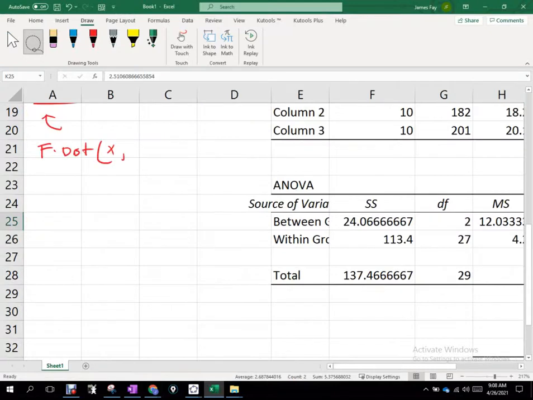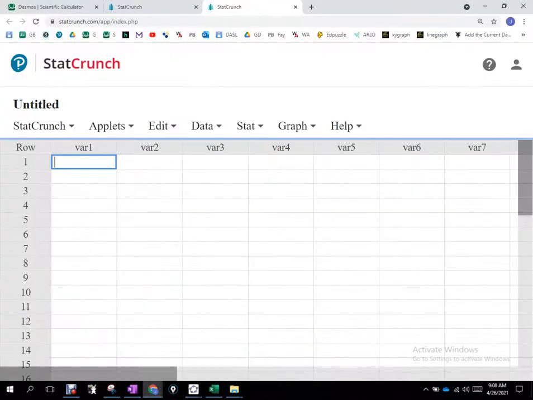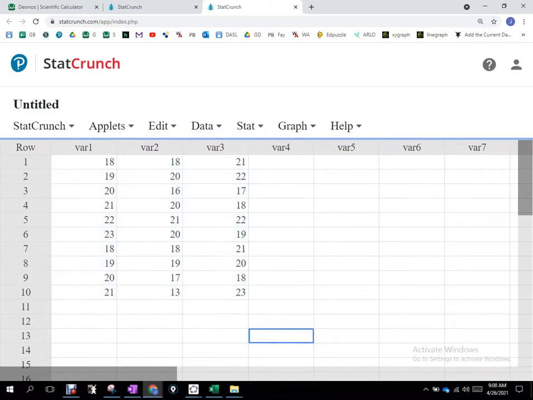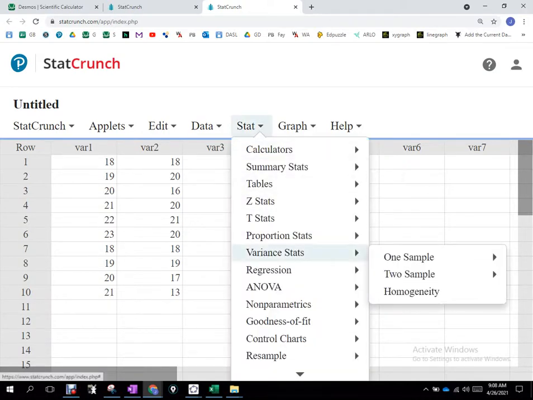So I'm just going to take my information from Excel, cut and paste. I would think that it will paste into this. Yes, great. All right, so that's my information. I'm going to go to stats. Let's go to variance stats.